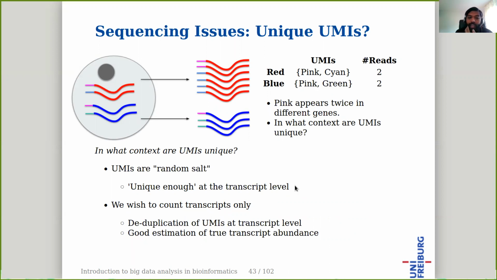And then they are unique enough to distinguish at the transcript level. So that's why we count the transcripts only. We deduplicate the UMIs at the transcript level, and then we can get a good estimation of transcript abundance after quantification.